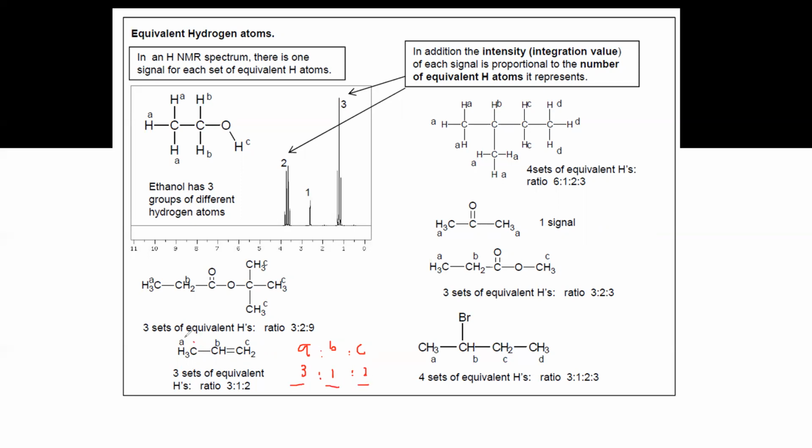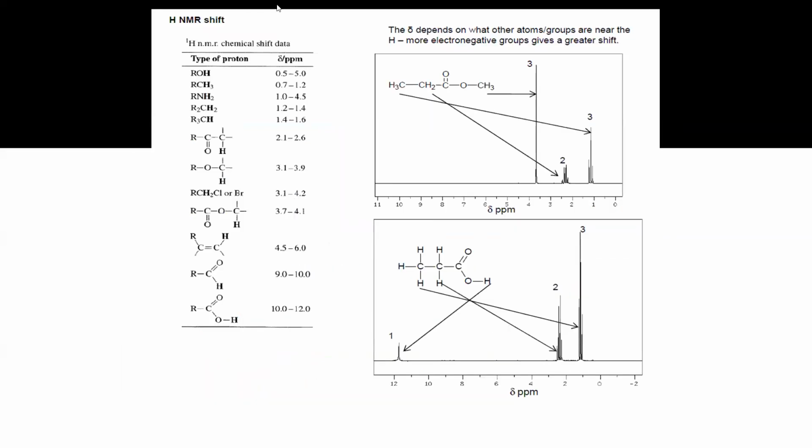And for the position, you have to go through the data booklet and check where the chemical shift is for CH3, for CH, and for CH2. So as you can see, the chemical shift for CH3 is from 0.7 to 1.2.